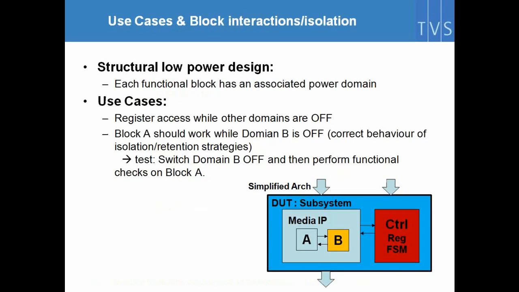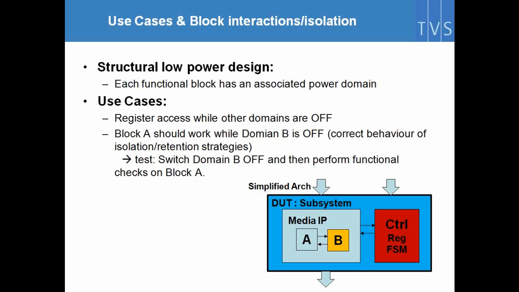So what we had to verify, on top of checking that we ended up in the right power states, was that the design was behaving properly. For instance, if we have such an architecture and we switch off the block B here, which is doing some processing but not all of the time, then we need to be sure that the interactions it usually has with the other blocks don't corrupt them.